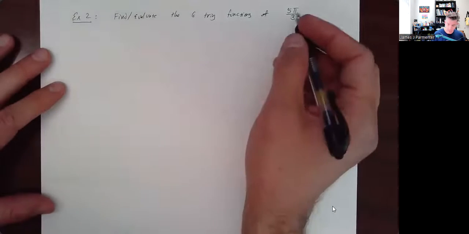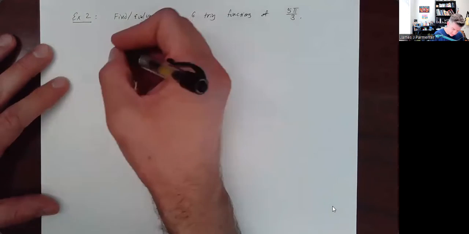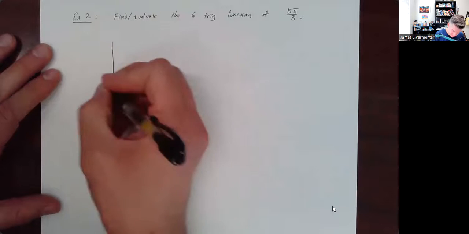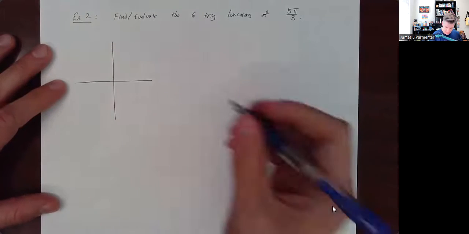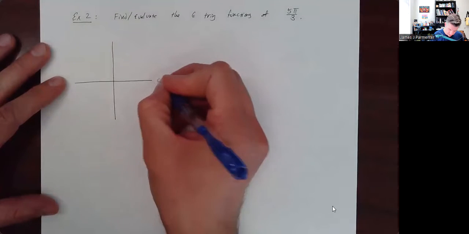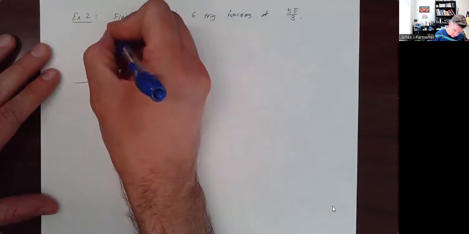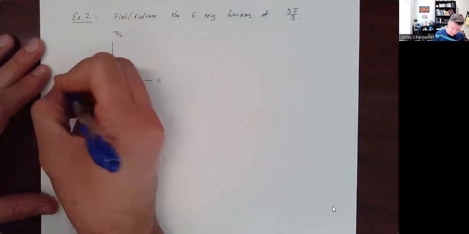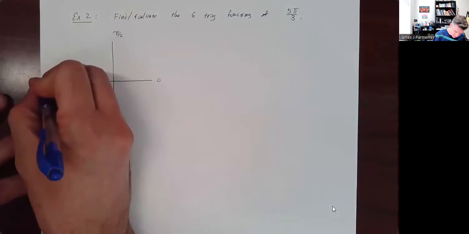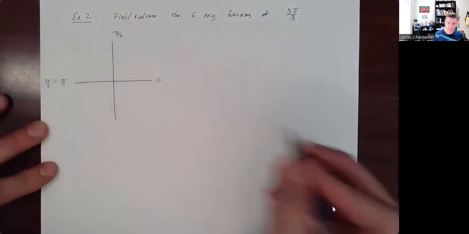So 5 pi over 3, let's draw it. 5 pi over 3 is definitely bigger than 0 radians. It's definitely bigger than pi over 2 radians. It's definitely bigger than pi radians, right? Because pi is equal to 3 pi over 3.